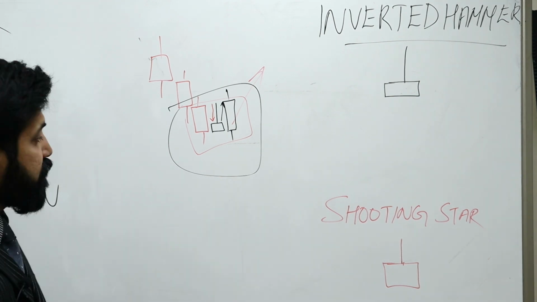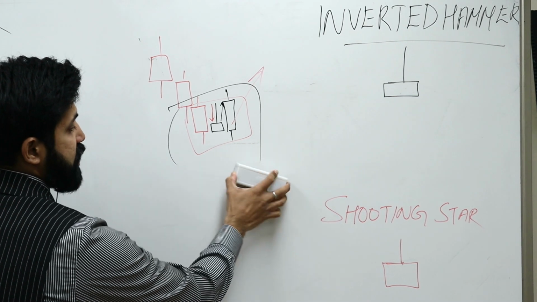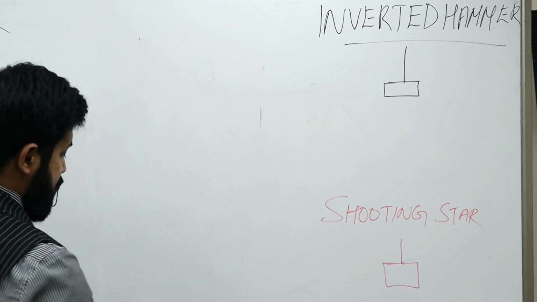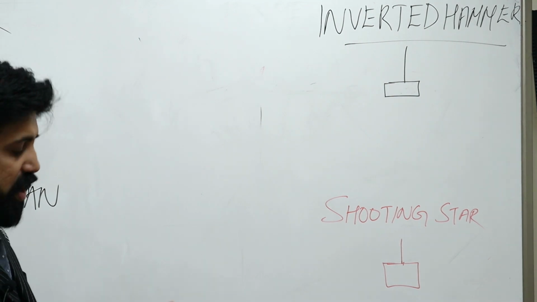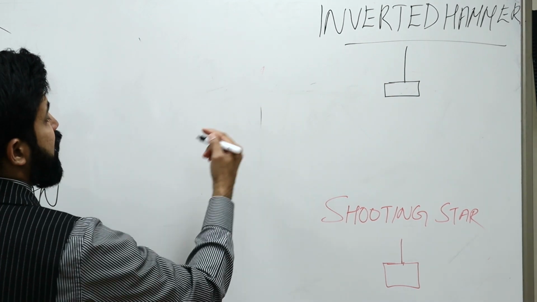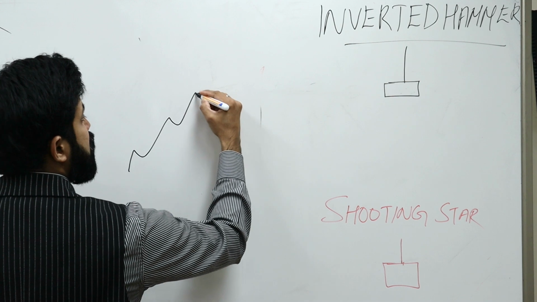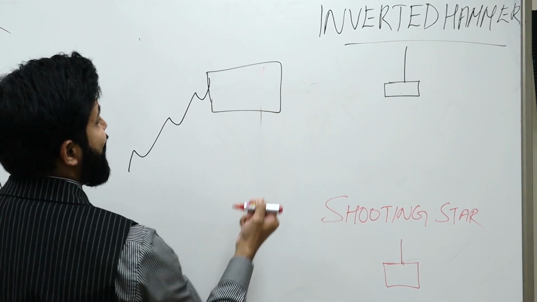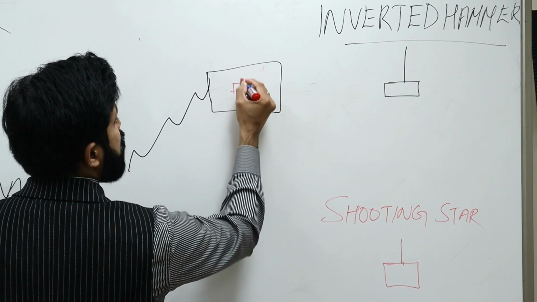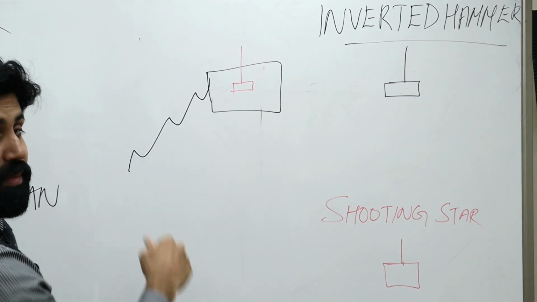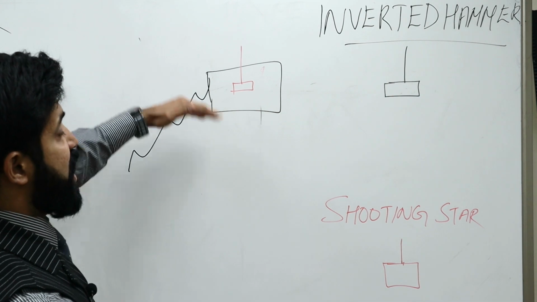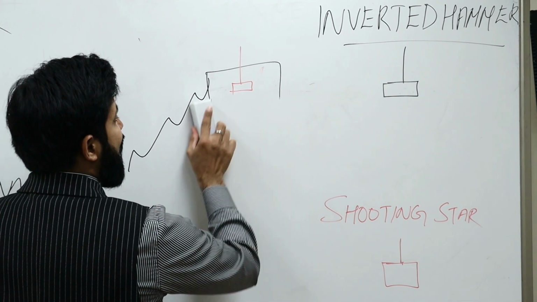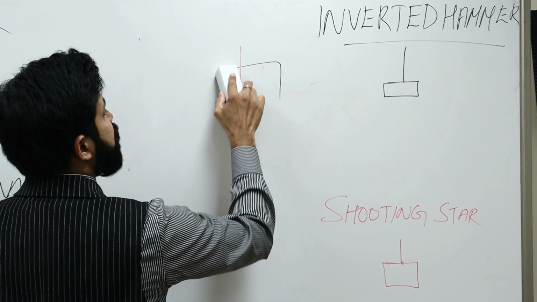Now for the shooting star, what happens? Same stuff upside down. The price is going bearish, but it's the same stuff happening at the top. The price is moving to the upside, and then in this region you actually get this one candle with a long wick to the upside. Now you can say, okay, the price went higher, so there's still a chance, but the catch here is who won that?